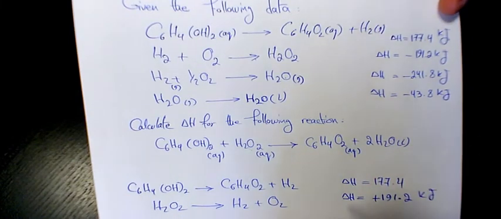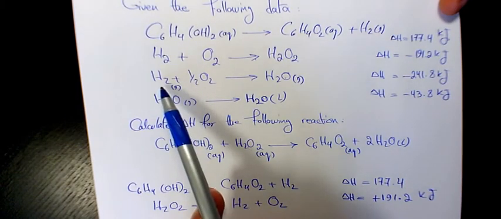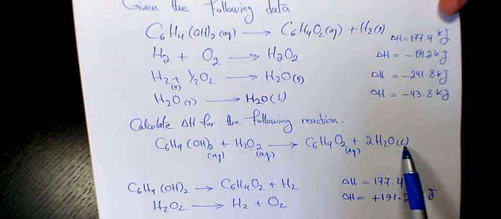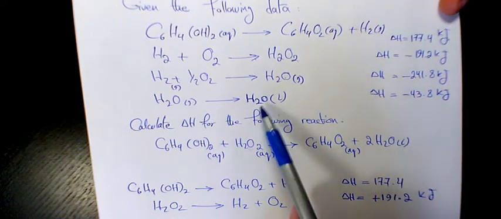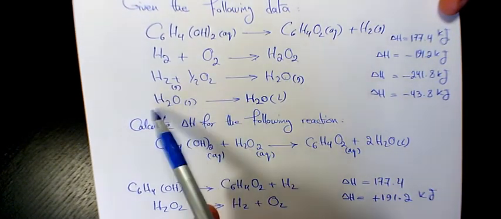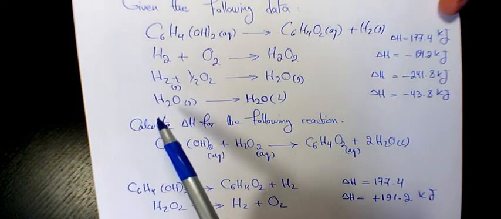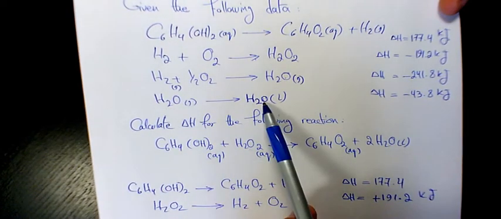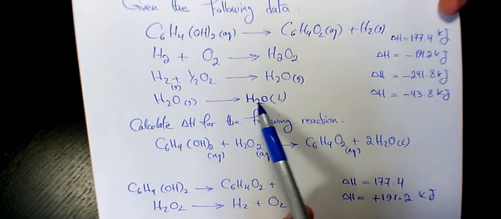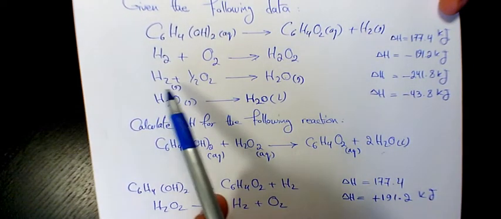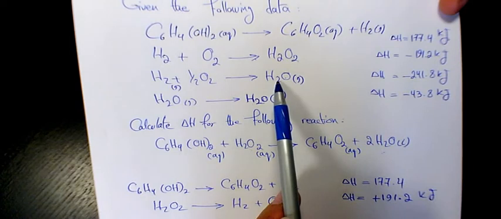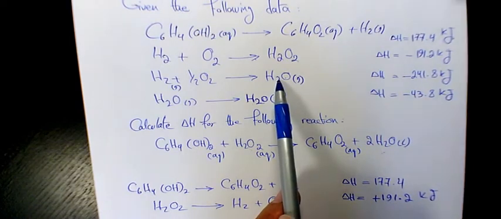And what else? We have H2O in liquid phase here. This one is 2, so we need to multiply the fourth reaction by 2 for sure, in order to cancel with this guy. What about this guy here? Do we need to do that?